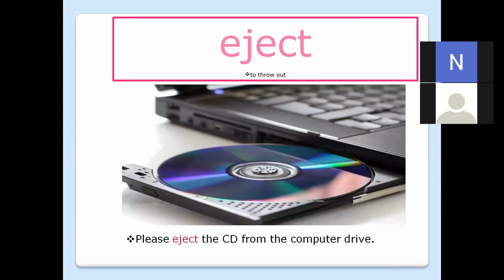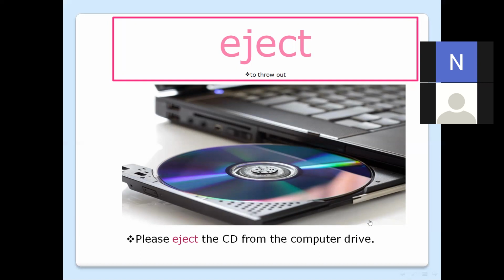Now, eject. We can see this word always, class, when you put your flash memory in the computer and you want to remove it later, here on the right side you will find an option, and they will tell you eject. So when you press on eject, you can remove the flash memory.